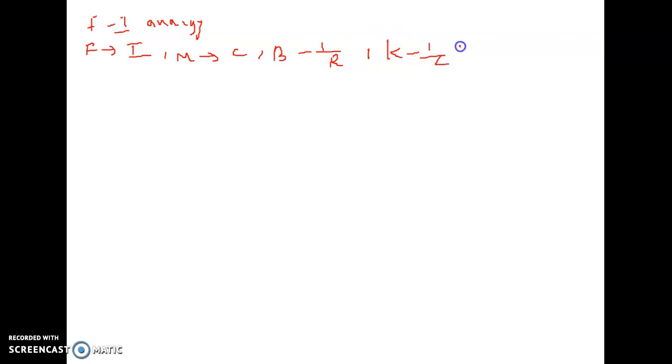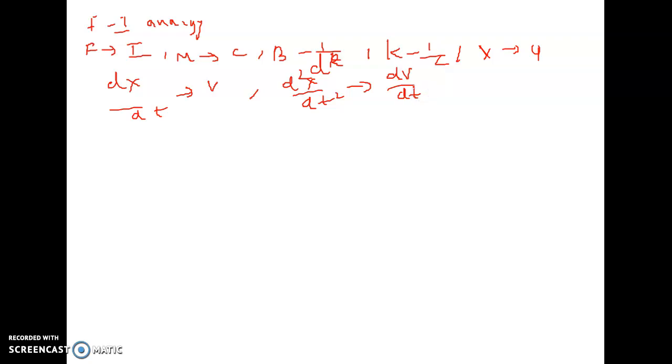X is analogous to phi, dx by dt is analogous to V, and d square x by dt square is analogous to dv by dt. Now we have the expressions for the first, x1.